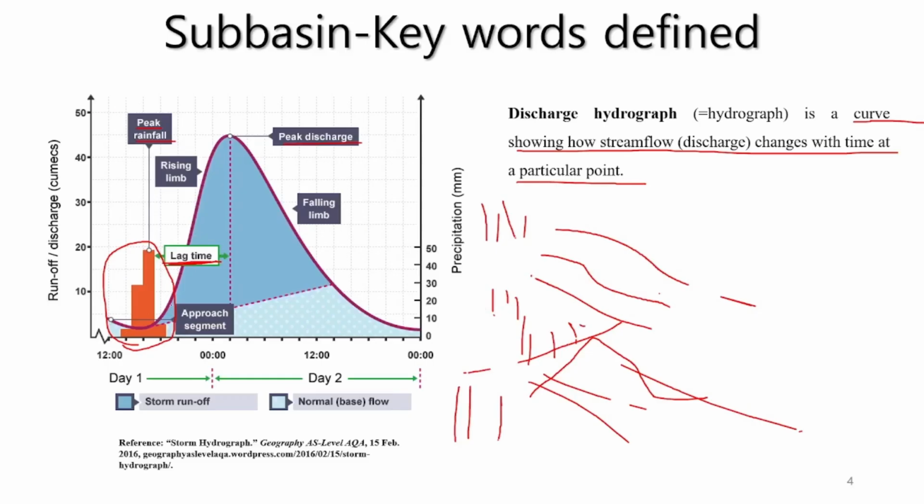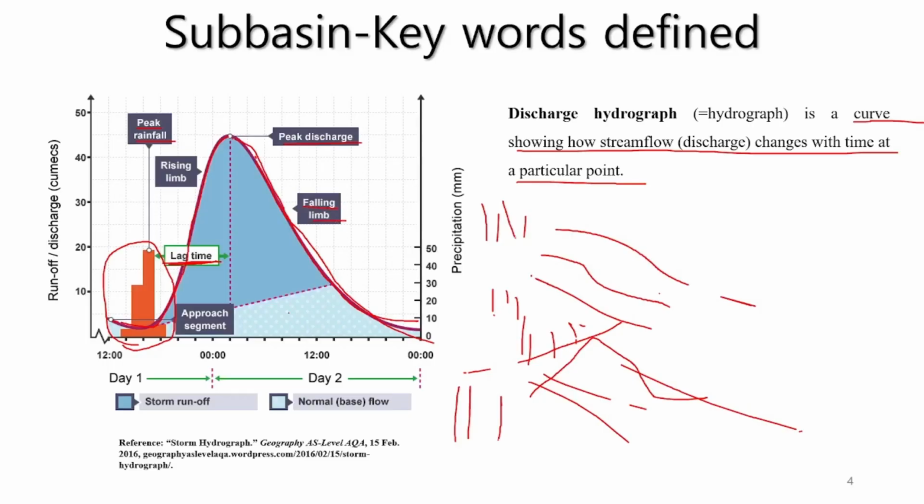And then we have the rising limb. The rising limb is the part of the hydrograph where it's going up. As you can see, it's divided here by half. The portion on the left side where the graph is rising is called the rising limb. On the right side, where the graph falls down because the influence of peak rainfall is over, we call that part the falling limb.